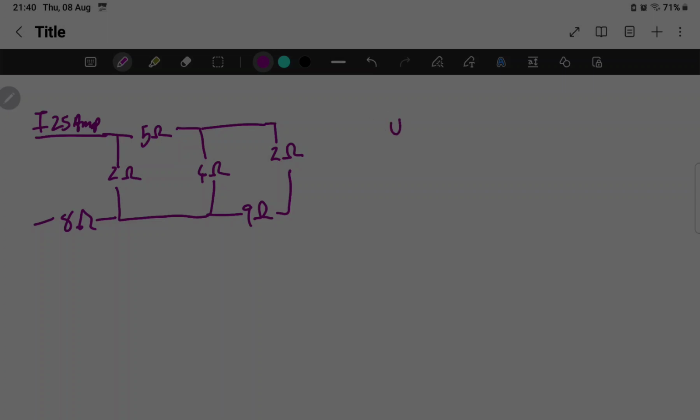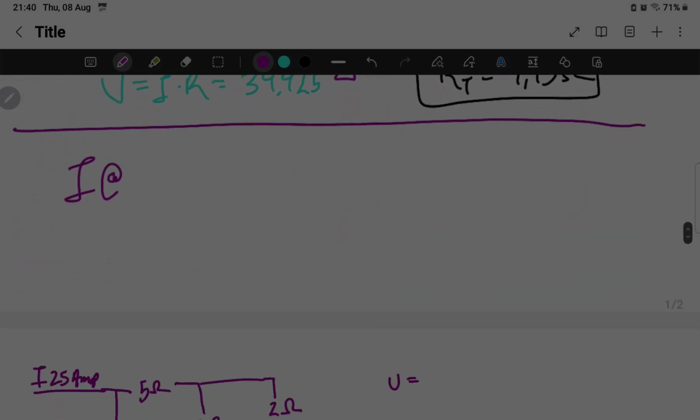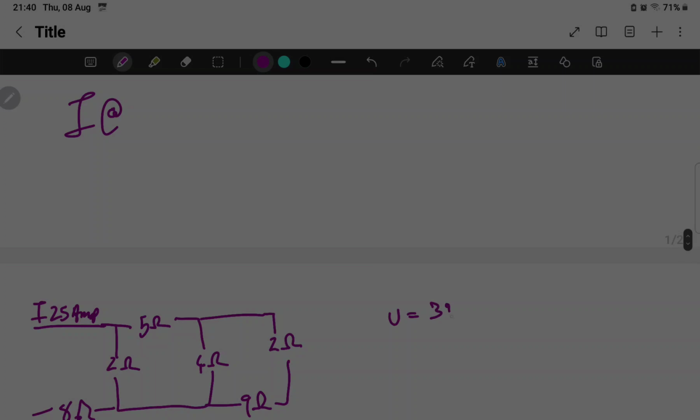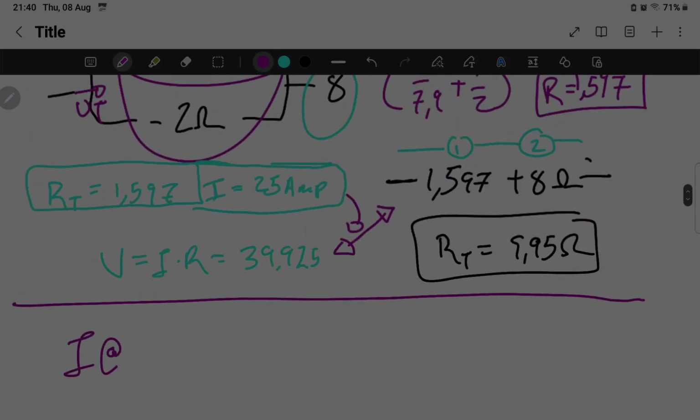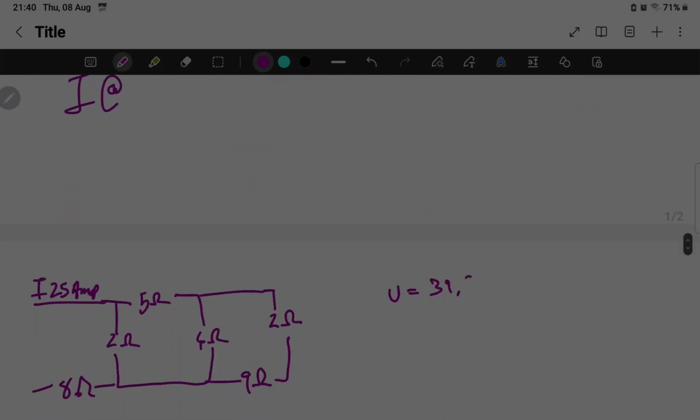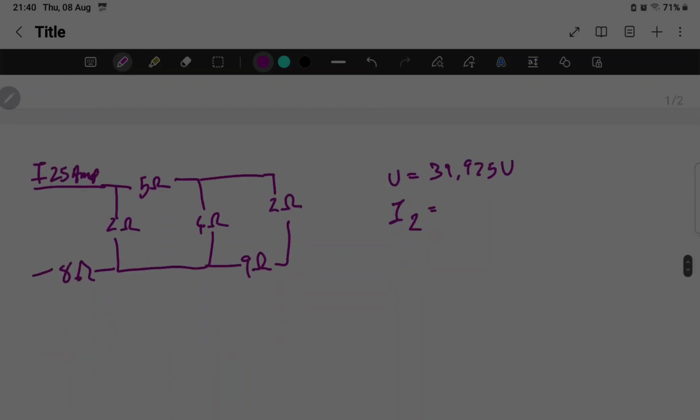So we know that voltage is equal in parallel, right? And we got a voltage of 39,925 volts. So we want the current at which point? We want the current at 2.